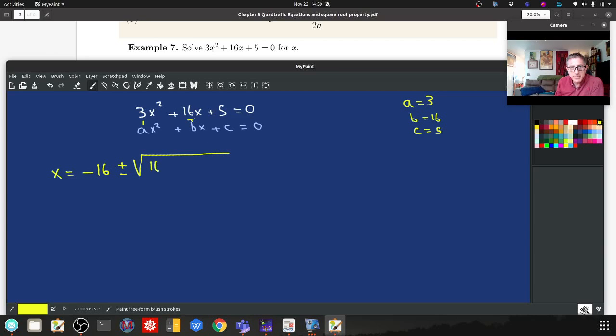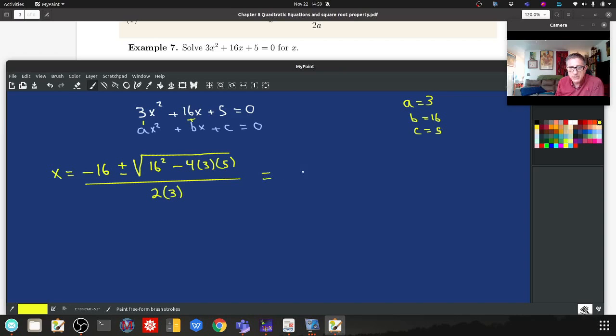Well, b is 16, and we're squaring it. Minus 4, that's always there, times our value of a, which is 3, times our value of c, which is 5. And here be very careful: the entire thing, including the minus 16, is divided by 2 times a, which is 3.